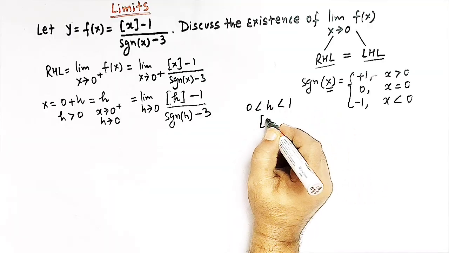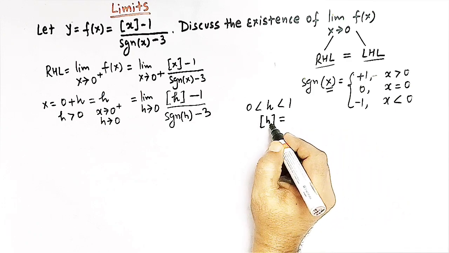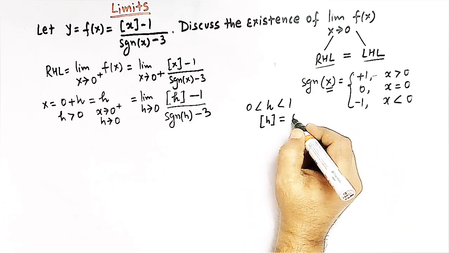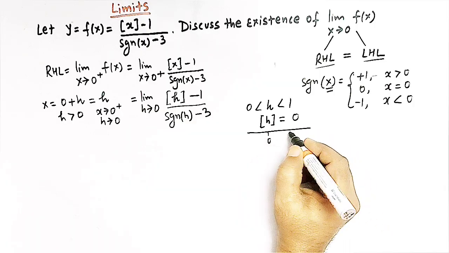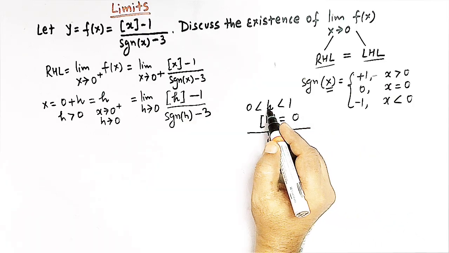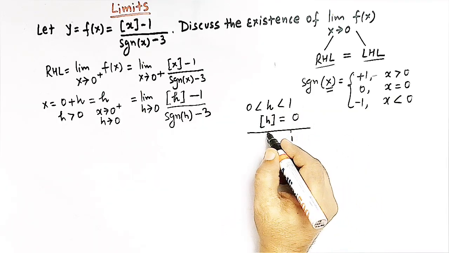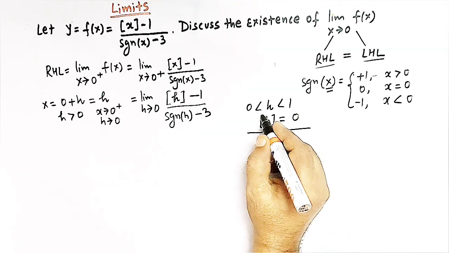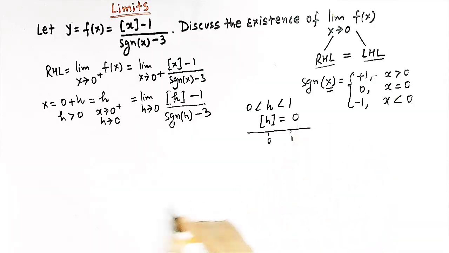So by definition of greatest integer function, the greatest integer of h should be equal to 0, because here we have 0 and here we have 1, and h is infinitesimally very small and it lies between 0 and 1. That is, it is very close to 0, right? But it lies between 0 and 1, so the greatest integer of h should be equal to 0, right?